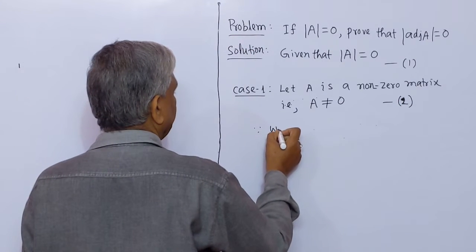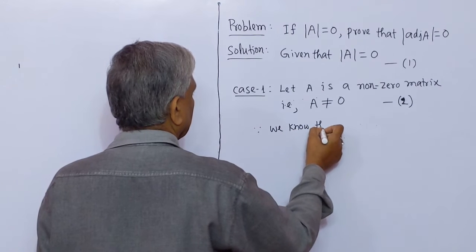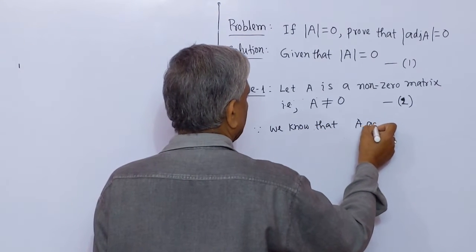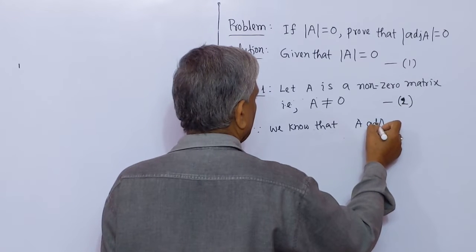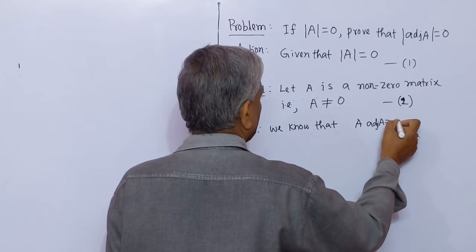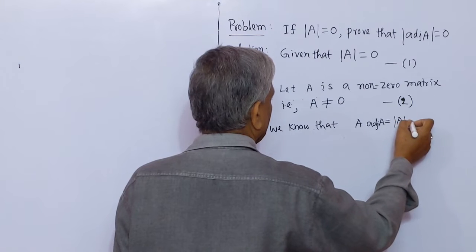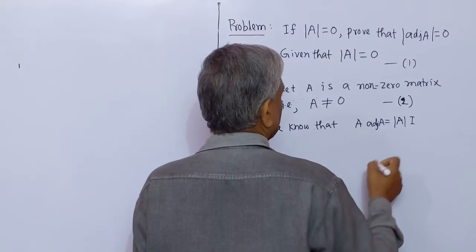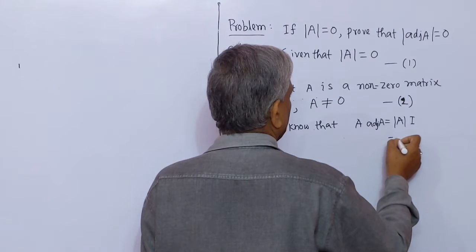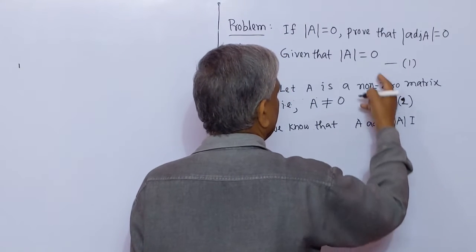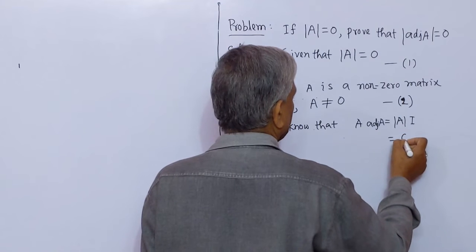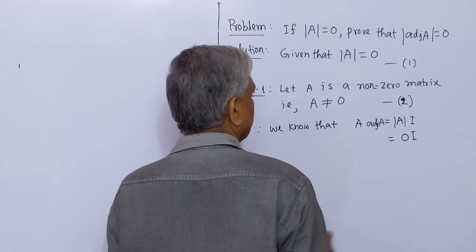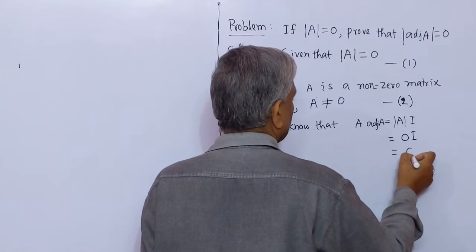Since we know that A adjoint A equal to determinant A multiplied by unit matrix I, this equals determinant A equal to 0, 0 multiplied by unit matrix, this is equal to 0.